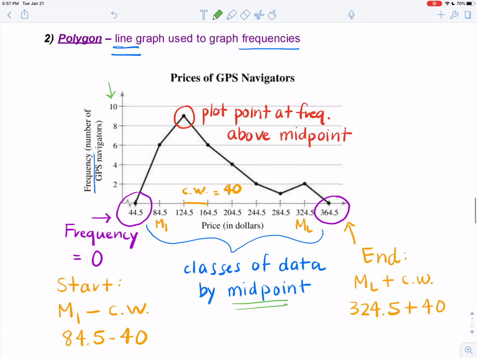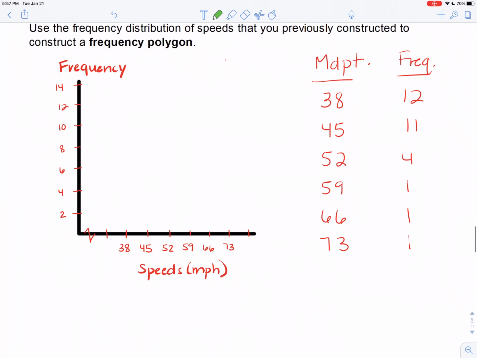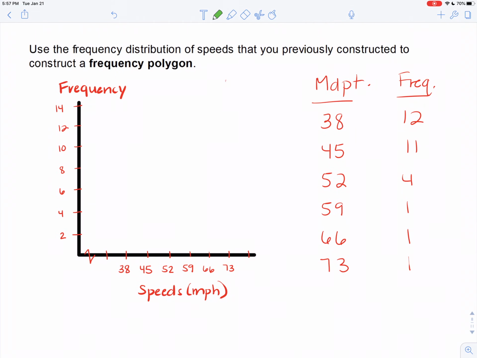All right, so what I want you to note here is I went ahead and did the initial setup for constructing the frequency polygon to show you that for the most part it's just the same thing as what we did for setting up the frequency histogram. I've got my midpoints on the horizontal axis, I've got my frequencies on the vertical axis.